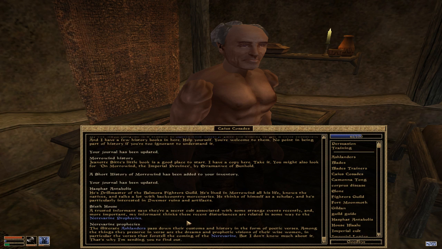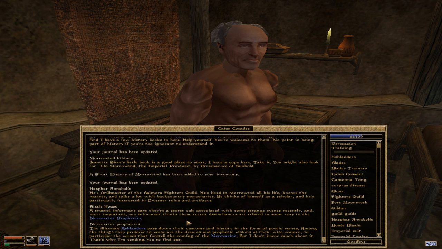The illiterate Ashlanders pass down their customs and history in the form of poetic verses. Among the things they preserve in verse are the dreams and prophetic visions of the wise woman, in particular the verses that foretell the coming of the Nerevarine, but I don't know much about it. That's why I'm sending you to find out.